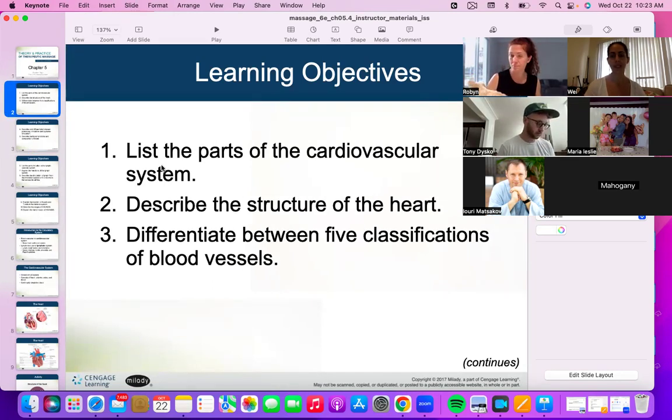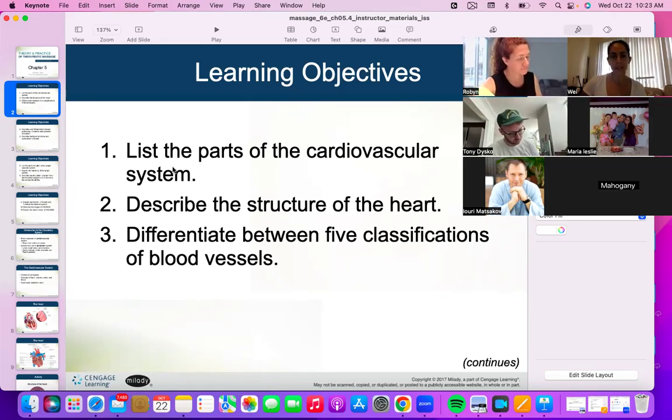Okay, so let's list the parts of the cardiovascular system. So let's have Robin read about that part. Okay, when we come to questions, we'll have you chime in. Tony, you're going to describe the structure of the heart.